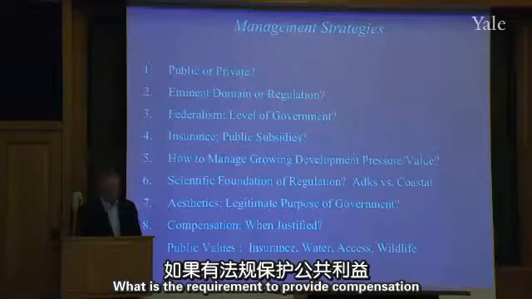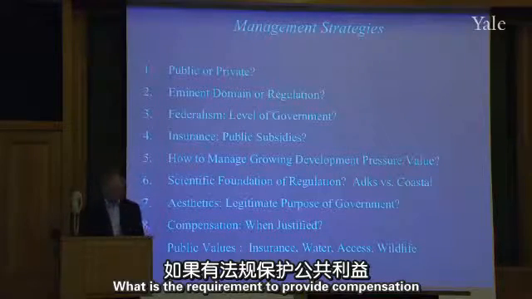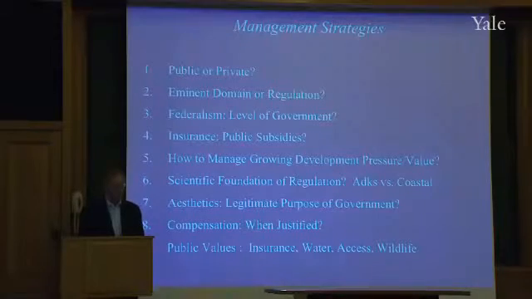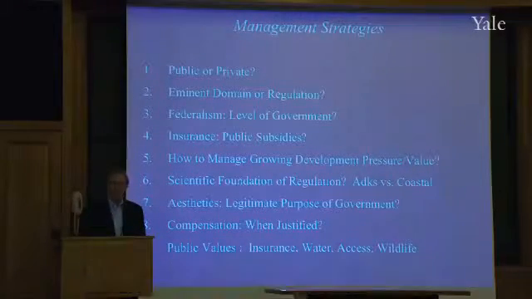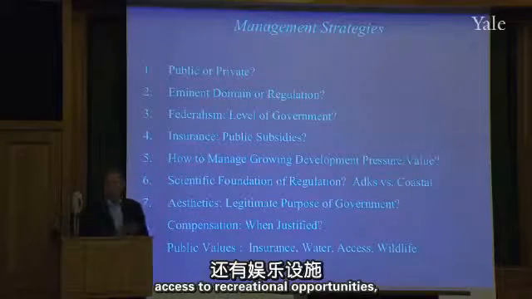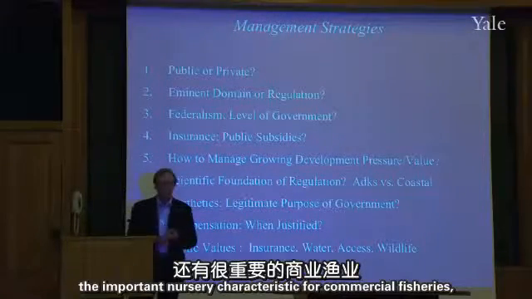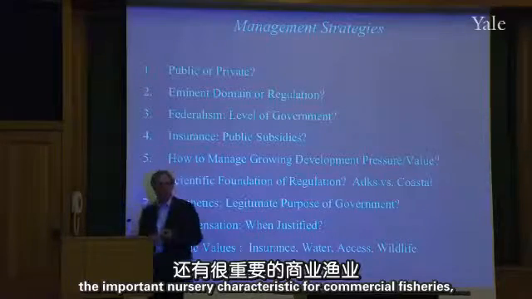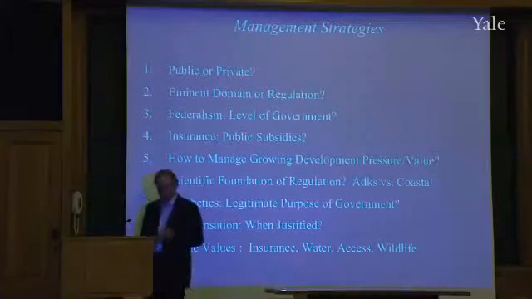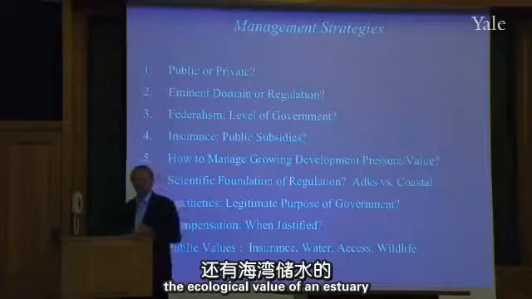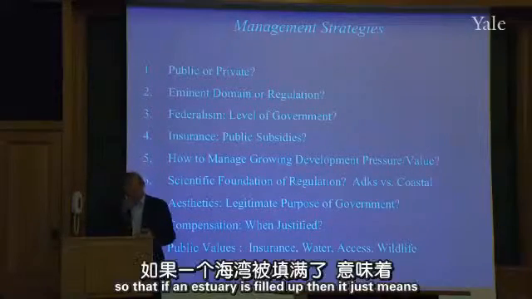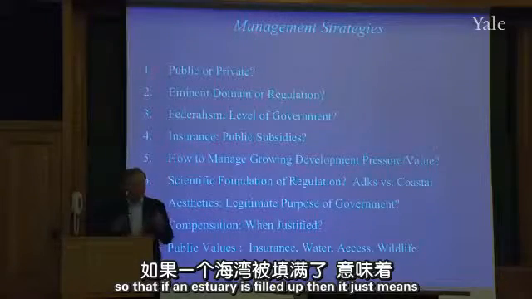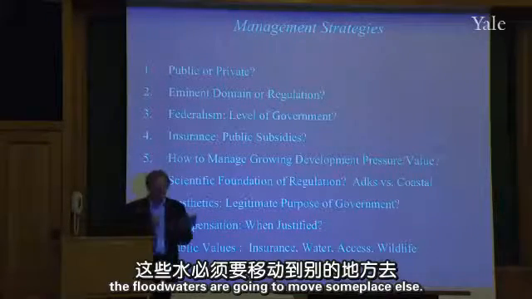What is the requirement to provide compensation when regulation is being used to protect one public good or many public goods: access to recreational opportunities, the important nursery characteristic for commercial fisheries, the ecological value of an estuary to store floodwaters, so that if an estuary is filled up, then it just means the floodwaters are going to move someplace else.